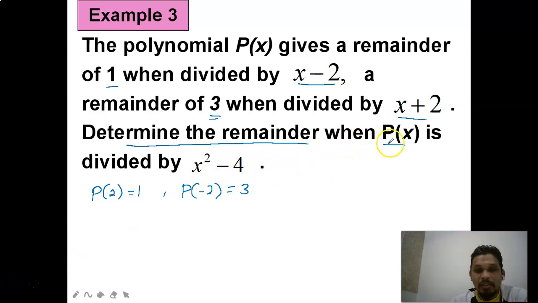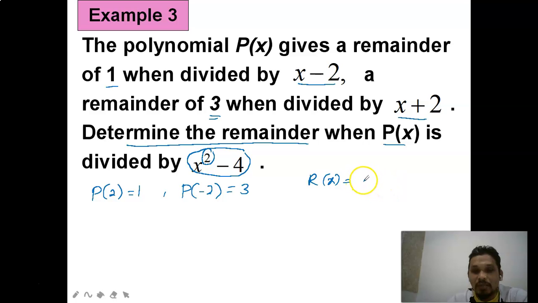And it mentioned that p(x) is divided by x squared minus 4. In this case, this is the divisor of p(x), x squared minus 4. The power of x for this divisor is x squared, so the degree of the remainder R(x) must be less than that of the divisor by 1.